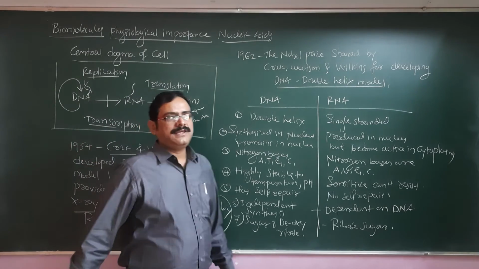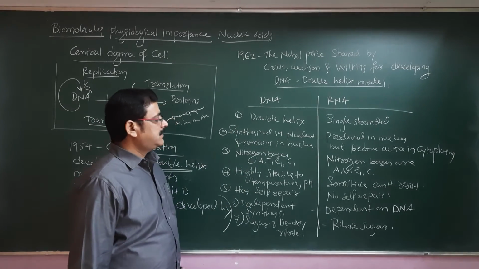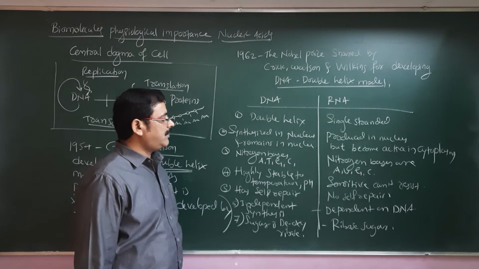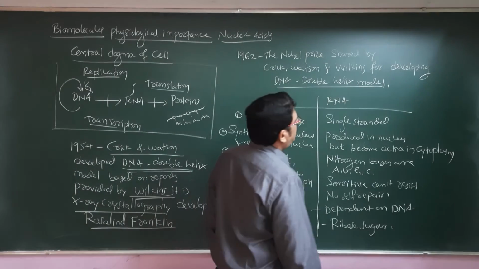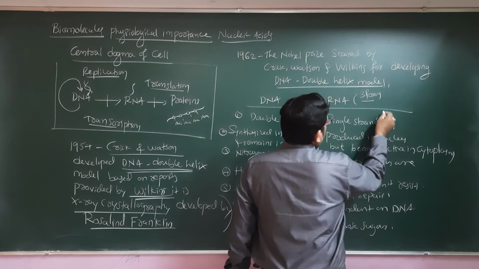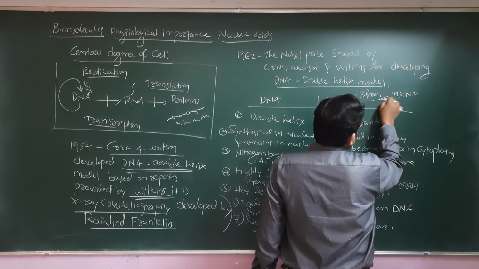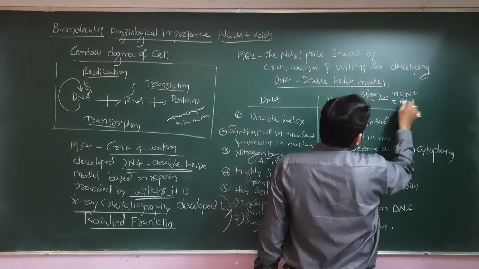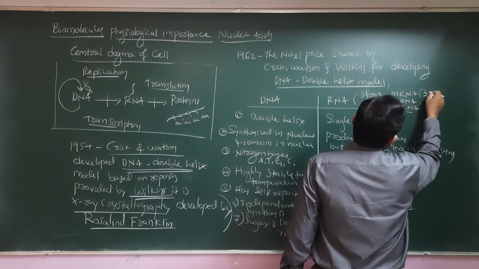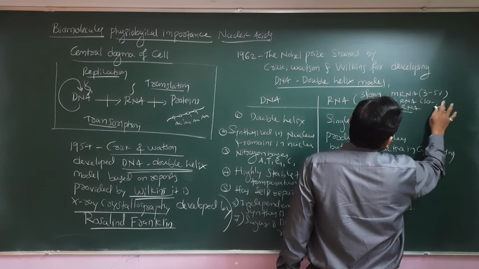Well, one more important thing. Though RNA is single stranded and DNA is double stranded, polymorphism can be seen in RNA. What is that? It has three forms: mRNA, tRNA, rRNA. mRNA is the least, only 3 to 5% of the total. tRNA is 10 to 20%.